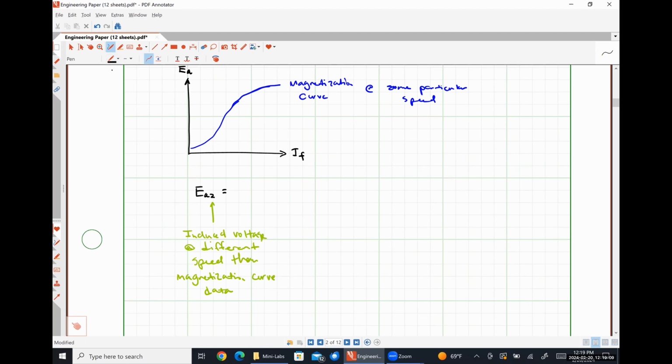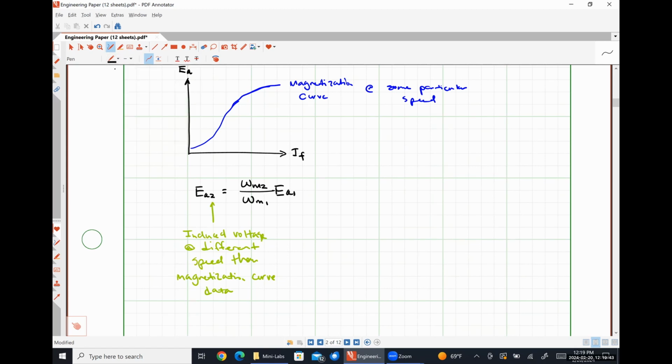is going to be equal to simply omega M2 divided by omega M1 times EA1, where omega M2 is the speed that we're interested in, and omega M1 is the speed at which the data was collected, and EA1 is the induced voltage for a particular field current at the speed at which it was collected.